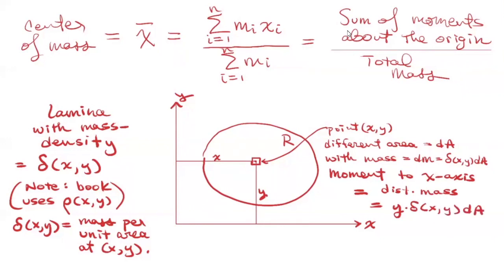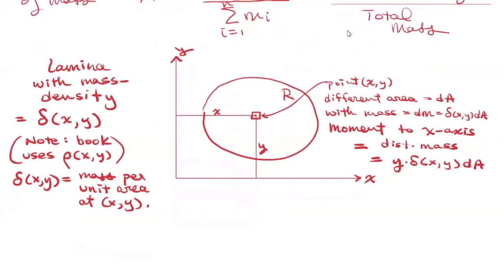Okay. And the moment to the y-axis, again, distance times mass, but now the distance to the y-axis is x times the mass, which is still density times area. Okay.